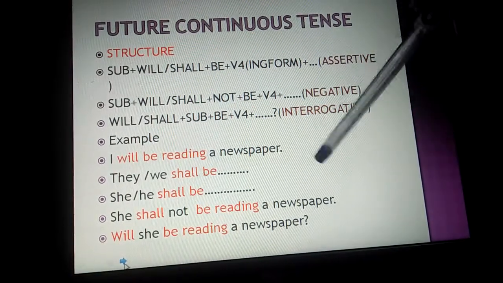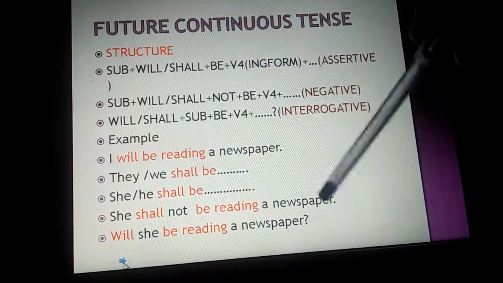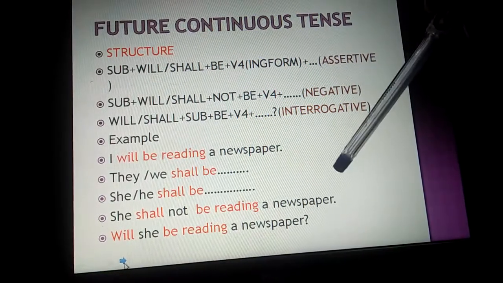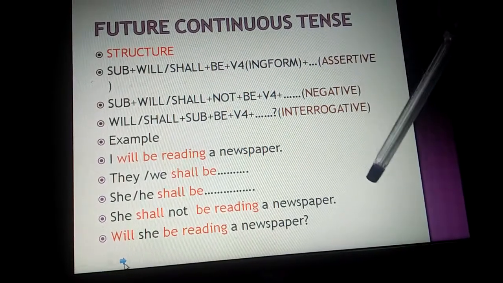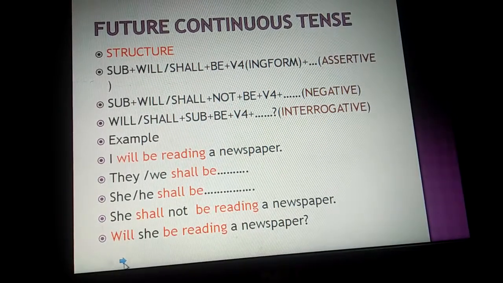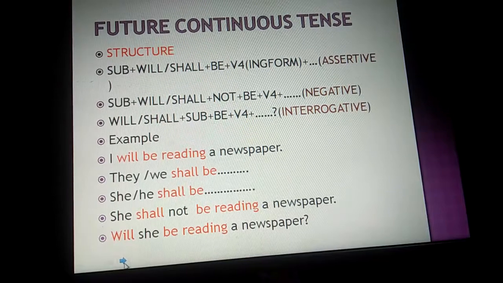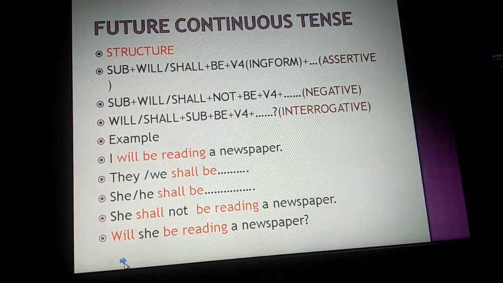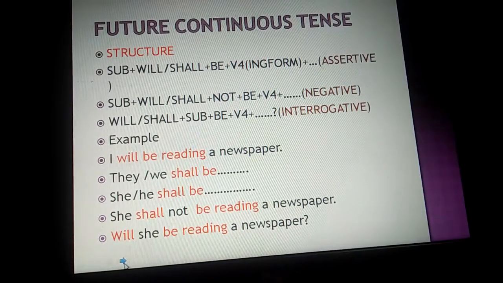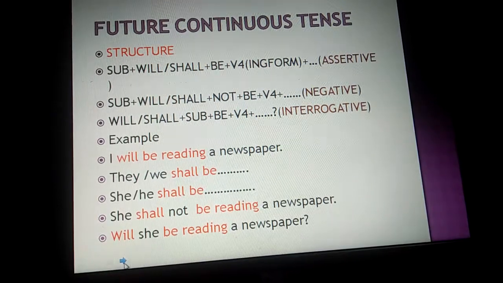So these are the different ways of forming the sentences here. Now future continuous tense is used for those actions which will be continued in the future, an action that will happen as planned or expected.